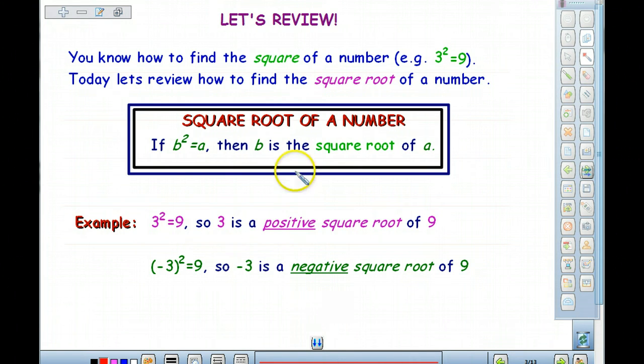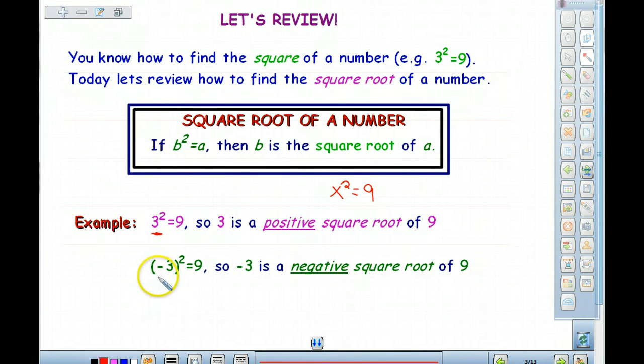We've got to make sure that we know the difference between a positive square root and a negative square root, so we need to be careful. If I have x squared equals 9, I can actually get two separate answers, because this is asking what squared equals 9. Well, I can take 3 squared and get 9, so that's the positive square root of 9.